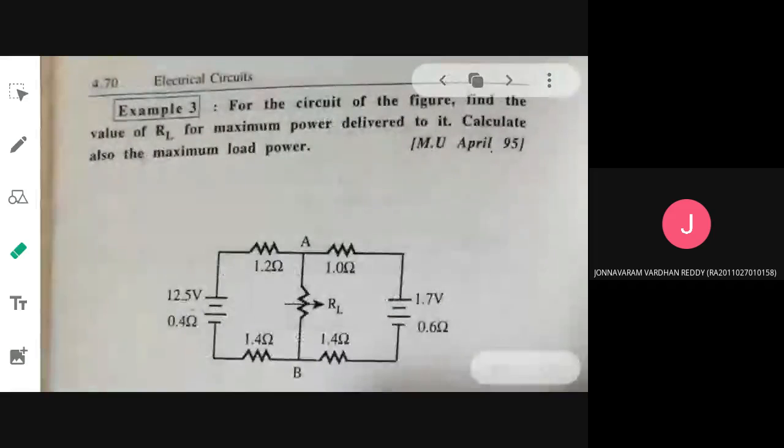So in this question, what is being asked? Read the question and tell me.